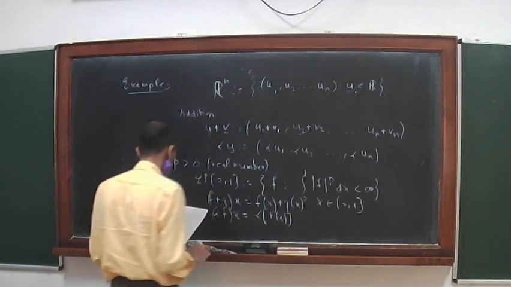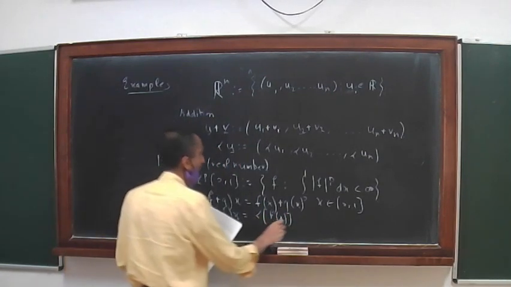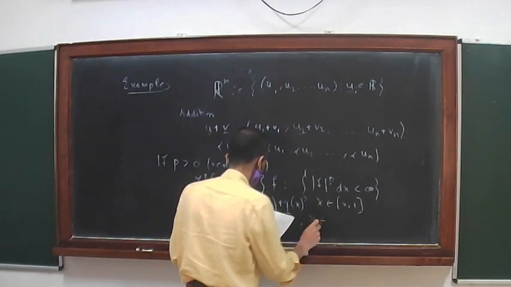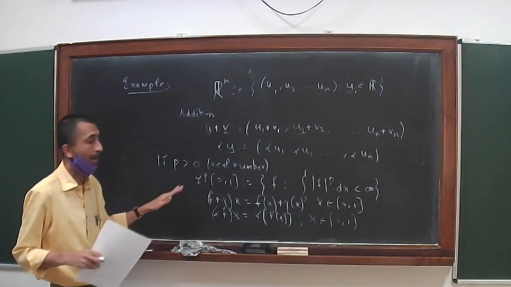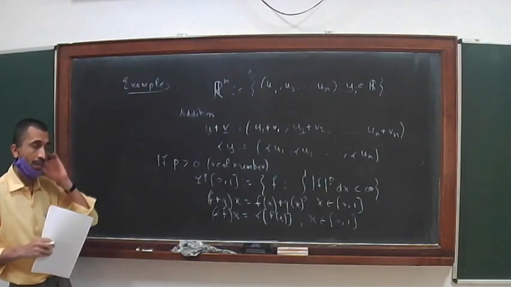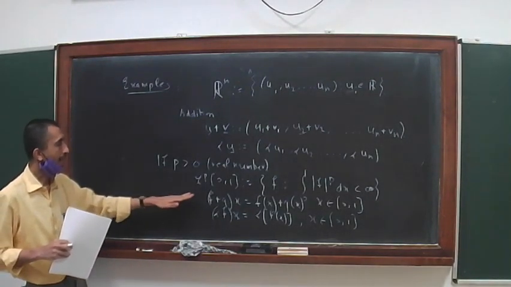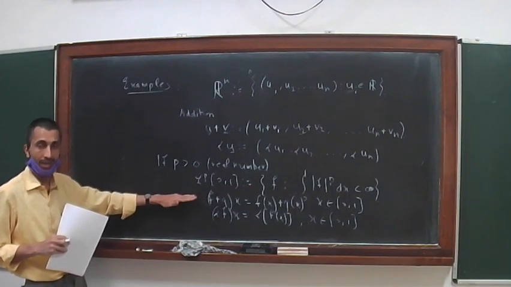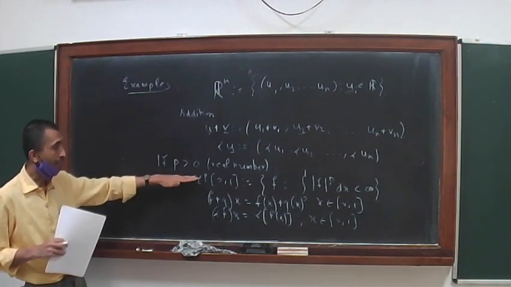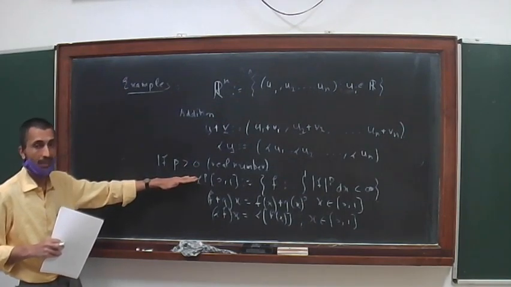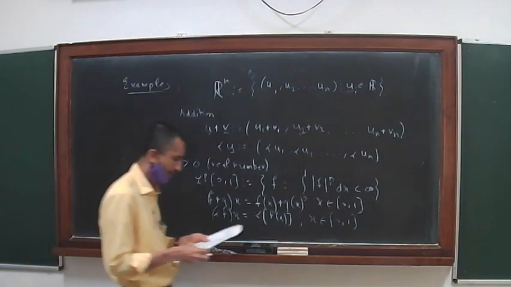Okay, so this is how we define the addition and the scalar multiplication function. I keep repeating this because it is a very important point: you have to define what you mean by an addition function and by the scalar multiplication. Without that, the definition of a vector space is incomplete.